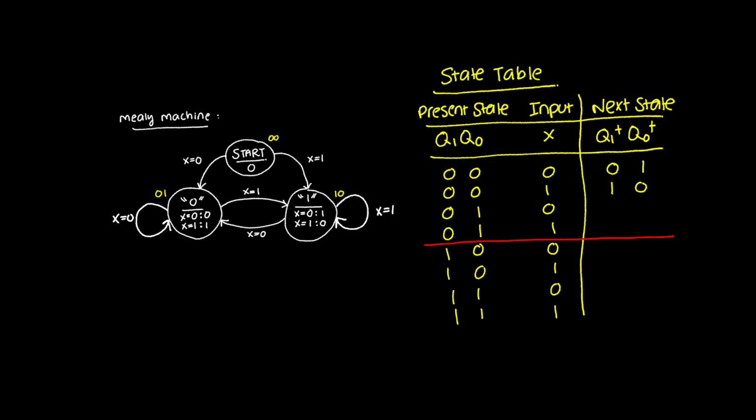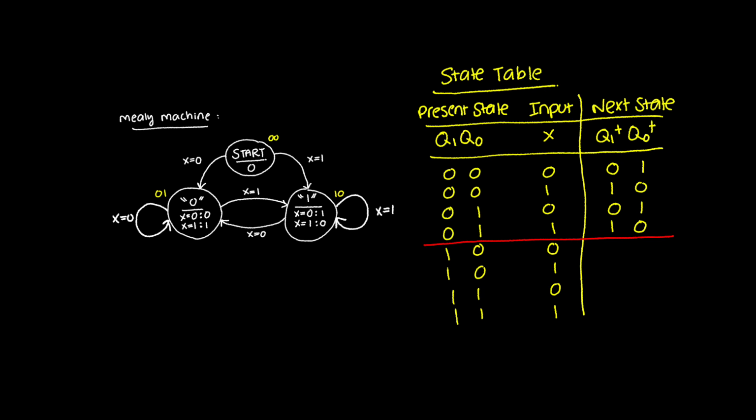So if I'm in state 0, 1, so that's the state over here, and I get a 0, I remain in the same state, which is 0, 1. But if I get a 1, then I'm going to transition to the next state, 1, 0, which indicates that the last incoming bit was a 1. So I'm going to write that here, 1, 0.